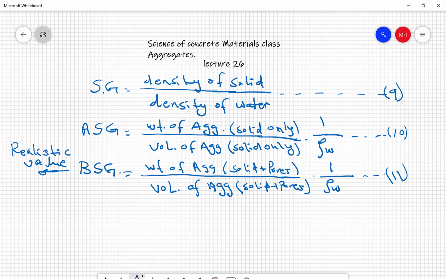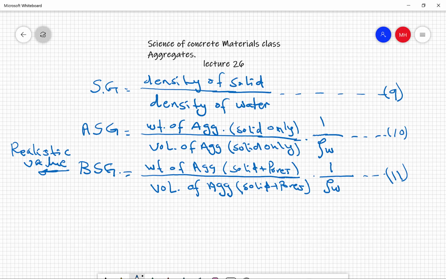As we can see from equation number 11, the contribution of the pores to the bulk specific gravity depends on the contribution of the pore medium to the weight of the aggregate. So if the pores are filled with water, there is a finite contribution to the weight that is absent when the pores are empty. That's something you have to be aware of and remember.